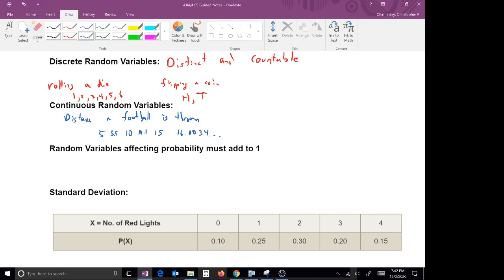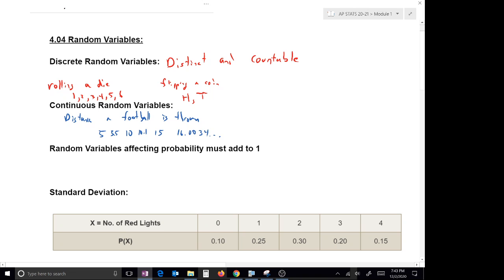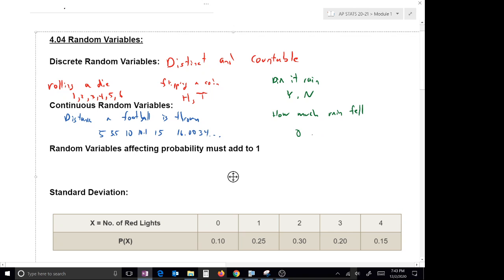Something that could be related between the two: if we said, did it rain? That is a discrete variable because it's either a yes or a no. But if we said, how much rain fell, that would be continuous because it would be anywhere from 0 to any number, in terms of inches.